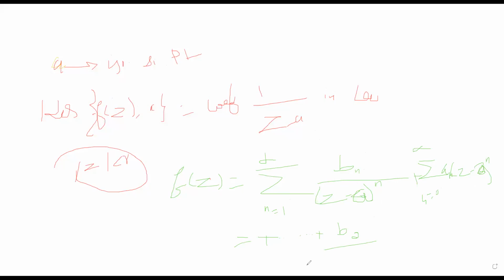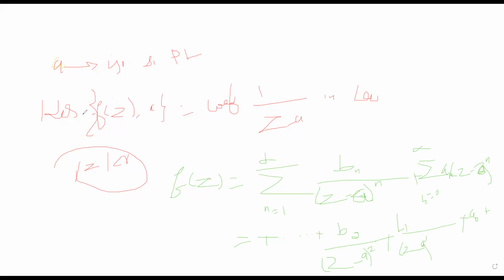So b2 by z minus a the whole square plus b1 by z minus a the whole power 1 plus a naught plus a1 into z minus a plus a2 into z minus a the whole square and so on.